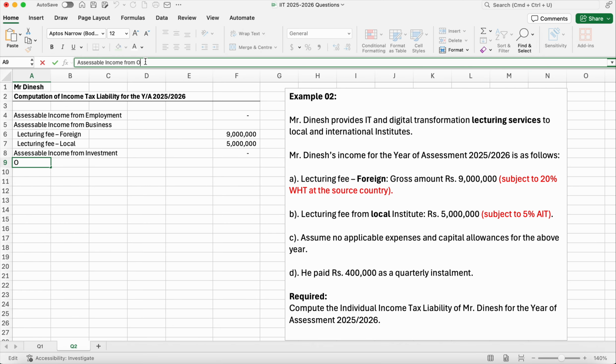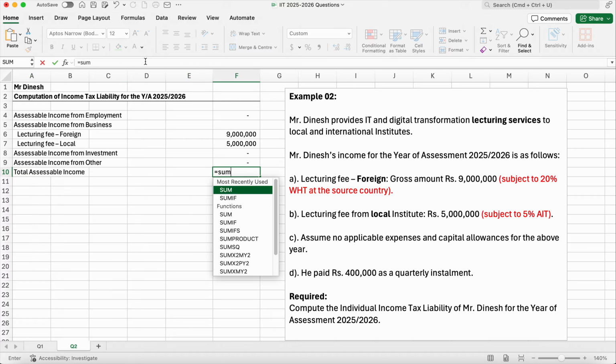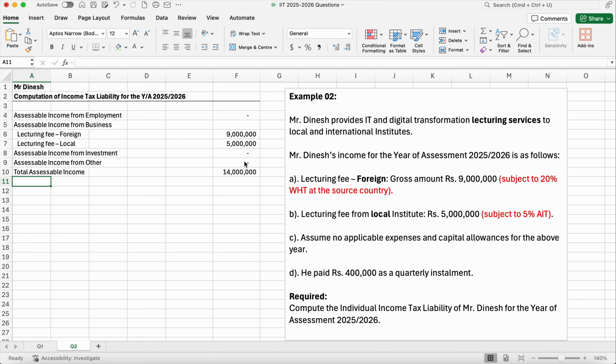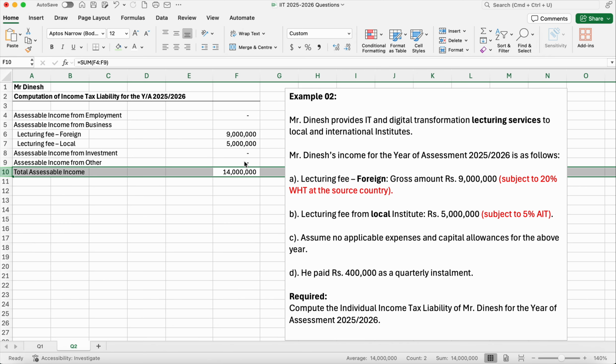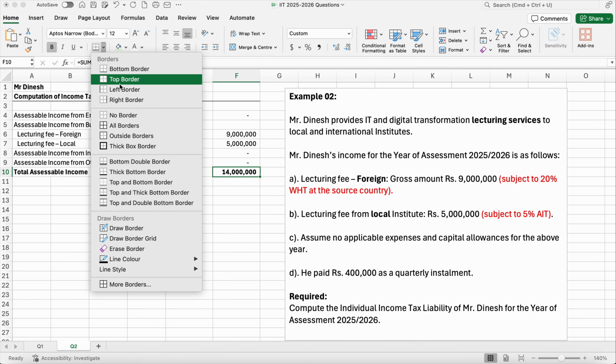Then other, anything not falling under the above two. Then we can say total assessable income, by taking all, and I will bold this one. The total assessable income is this amount.